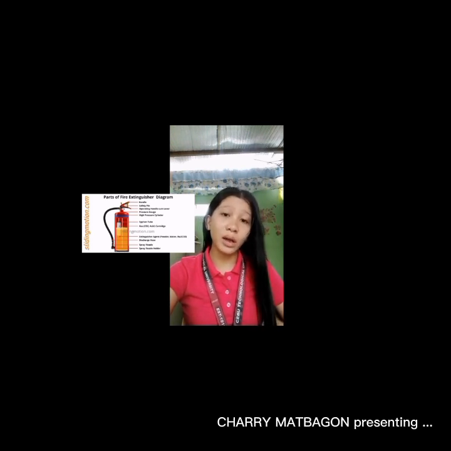Mao na siya ang parts sa ato, ang essential parts of our fire extinguisher.